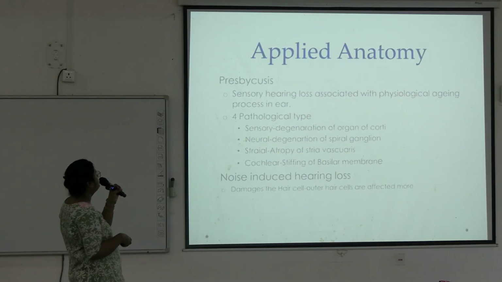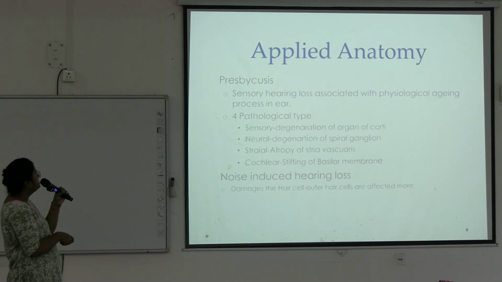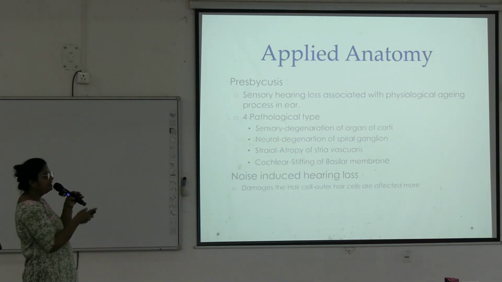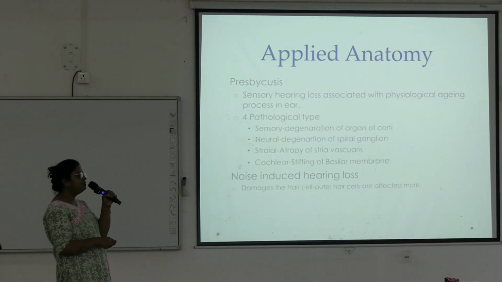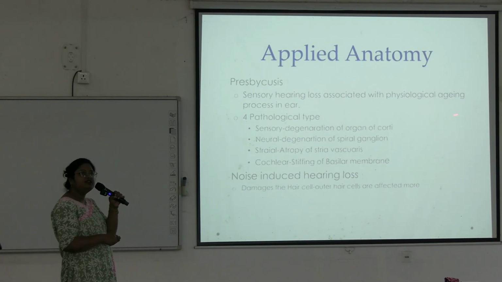Next is the applied aspect. There is presbycusis. What is presbycusis? This is asked in your viva or MCQs. Clinical aspects are important. Presbycusis is sensorineural hearing loss associated with the physiological aging process in the ear.